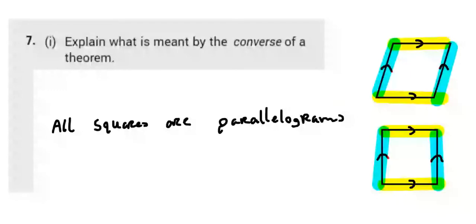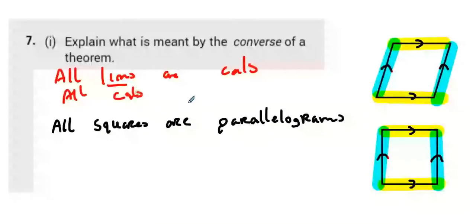So if I try to use the example, if I say all lions are cats, see the way lion is the subspecies, the really narrow one. All lions are cats. But if I change that around, does it work? All cats are lions, and this is the exact same thing.